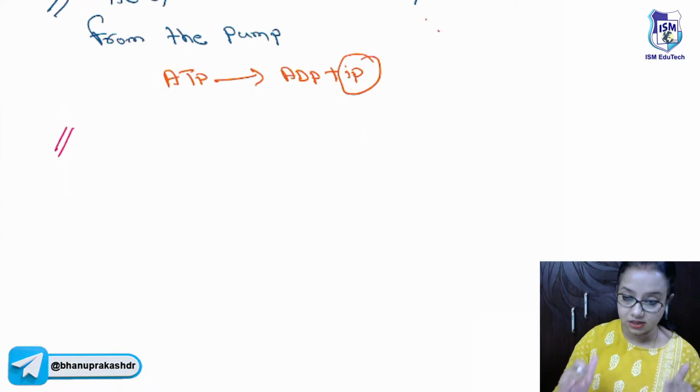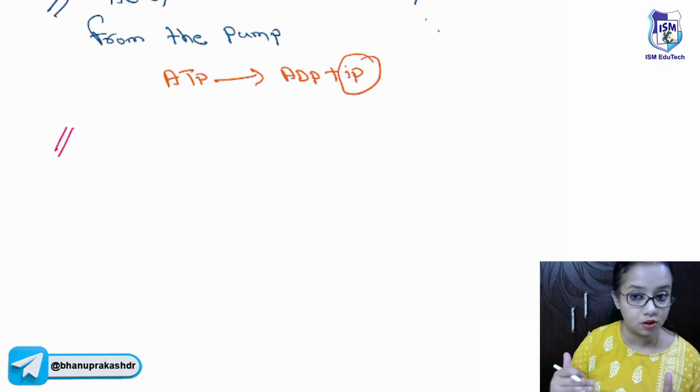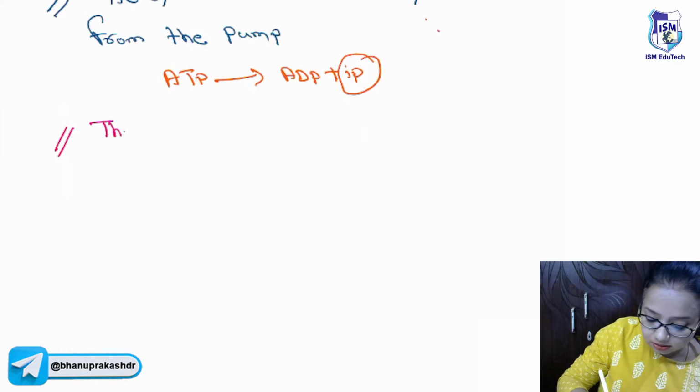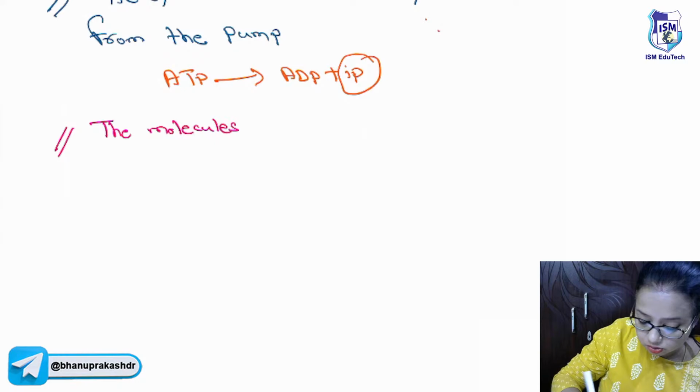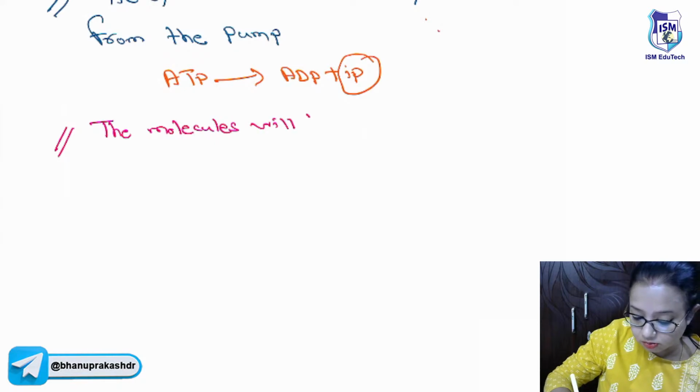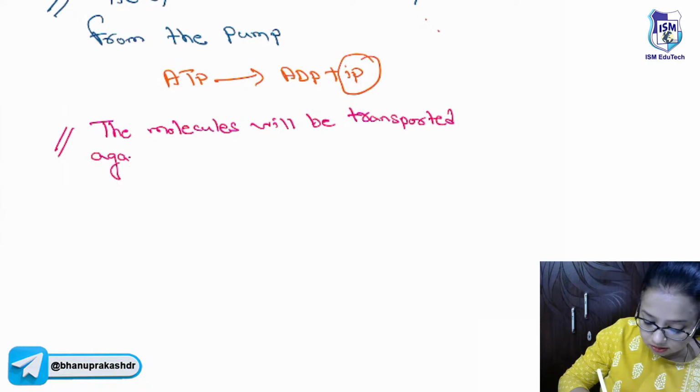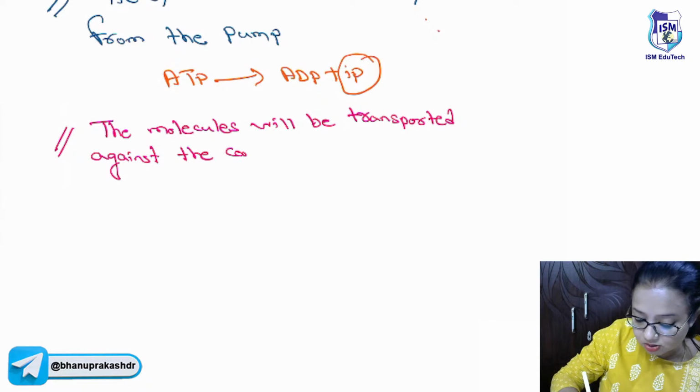Here, since we are using a carrier protein as well as energy in the form of ATP, the molecules will be transported against the concentration gradient.